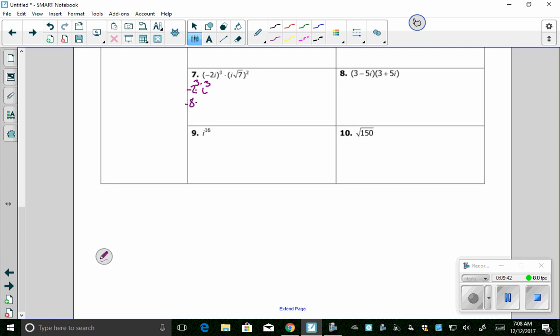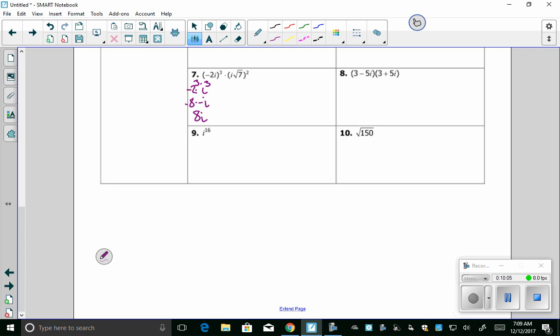So it's going to be negative 8 times negative i. Well, I know that a negative times a negative is going to give me a positive 8i. So let's look at the second part. That's just the first part.